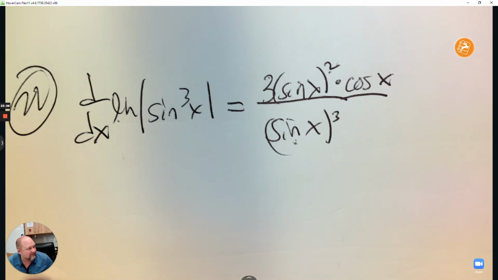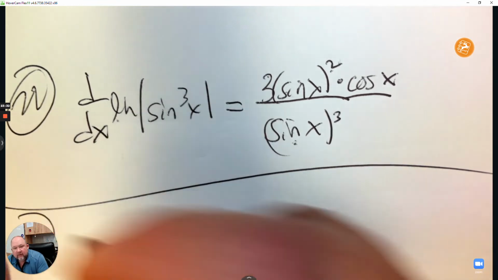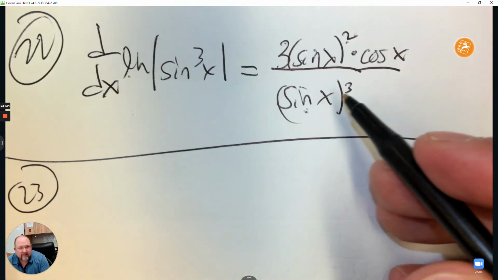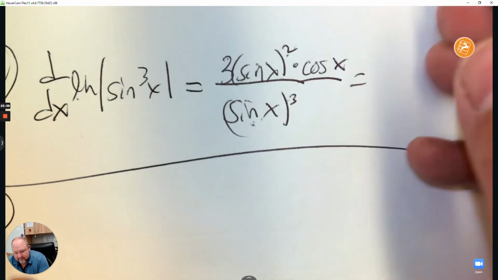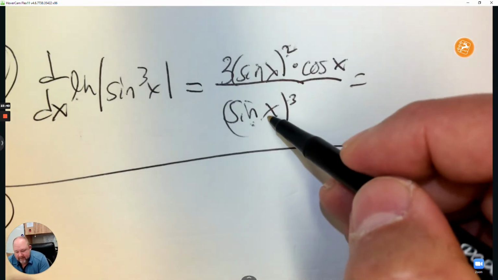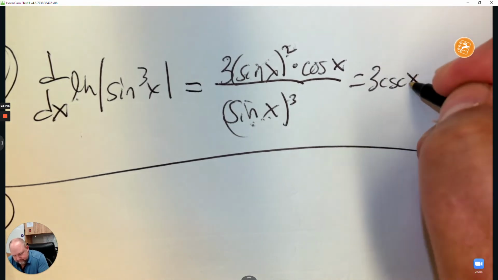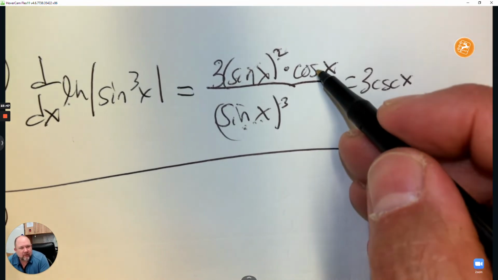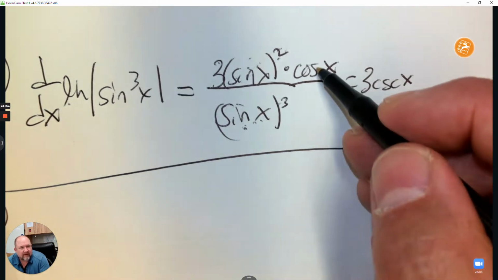I'm always checking to make sure that we did it correctly. 23. We could also simplify this, by the way, at the end, like sine squared over sine cubed. There's ways to simplify it. I could show you that too. So sine squared over that is 1 over sine, which is cosecant. And then cosine over sine, I already took, and that leaves me just with cosine.